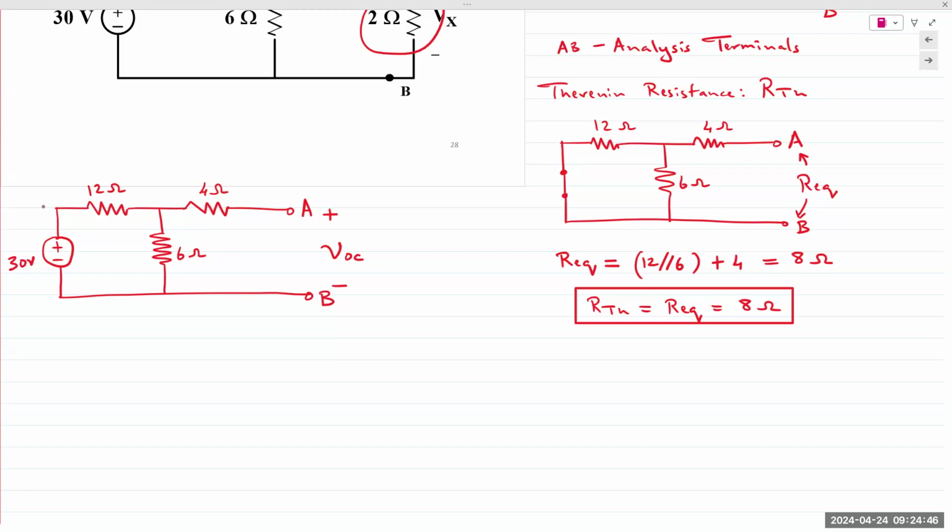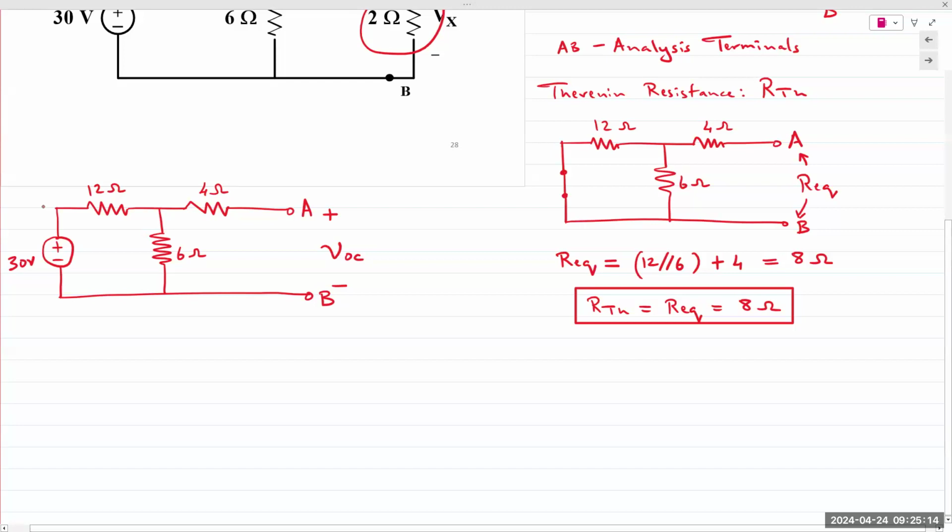For two resistors to be in parallel, both ends have to be connected together. Any of the three resistors, are they connected with their both terminals together? No. They're connected together at that center node right here. That center node, right? But the other end of those resistors are not connected together. So they are not in parallel.